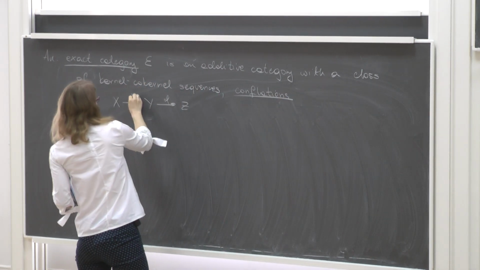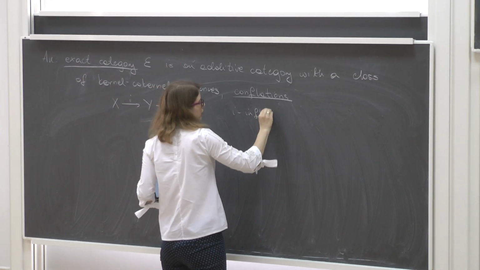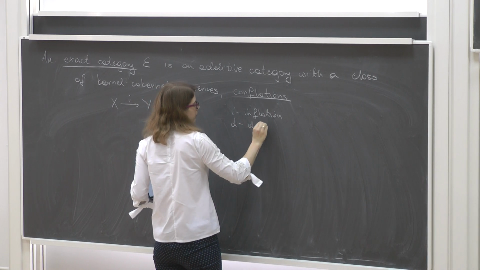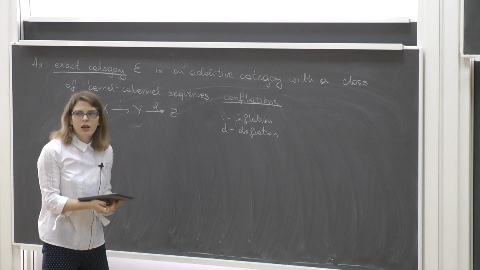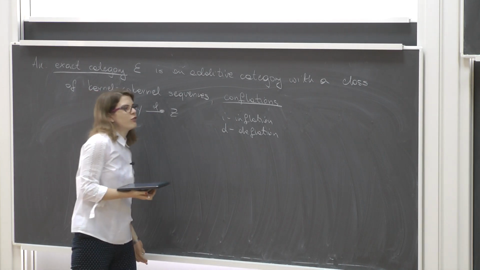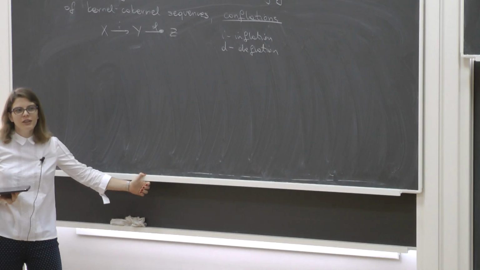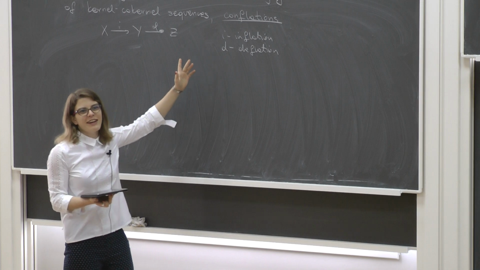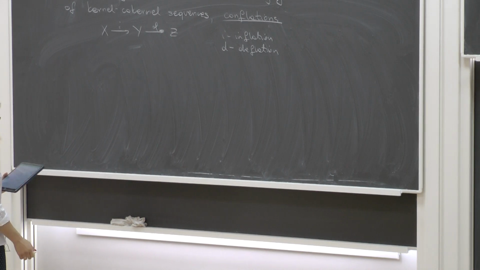The first arrow is usually called an inflation, and the second arrow is a deflation. Which I must say is a very unfortunate choice of names, because whenever you try to Google, you always get all these inflation rates and deflation rates. Googling anything about exact categories, you need to be more specific.